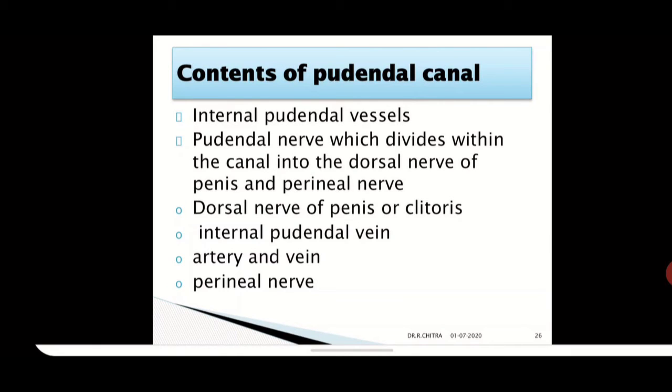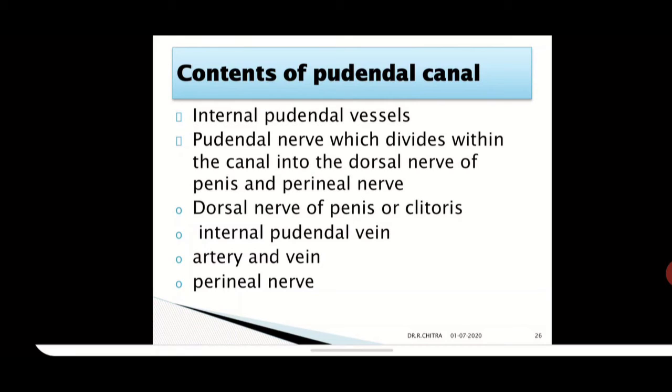Contents: now we told, the pudendal canal extends from the lesser sciatic foramen. What structures pass through the lesser sciatic foramen? PINCH structures. They will pass from here to the deep perineal pouch. That is the way to remember.